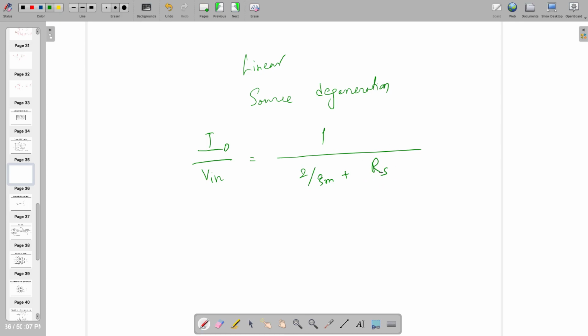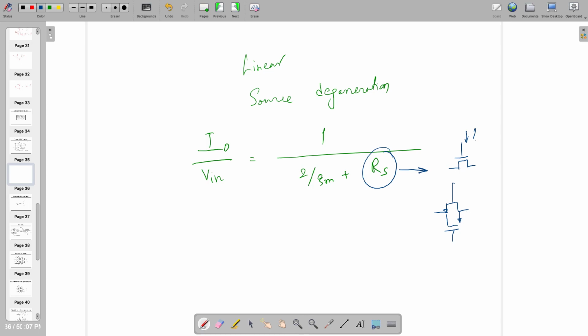But now the problem is how to make that. If you want to implement this, you can use a normal MOSFET where this may be tunable. You can use this one, NMOS and PMOS in parallel.